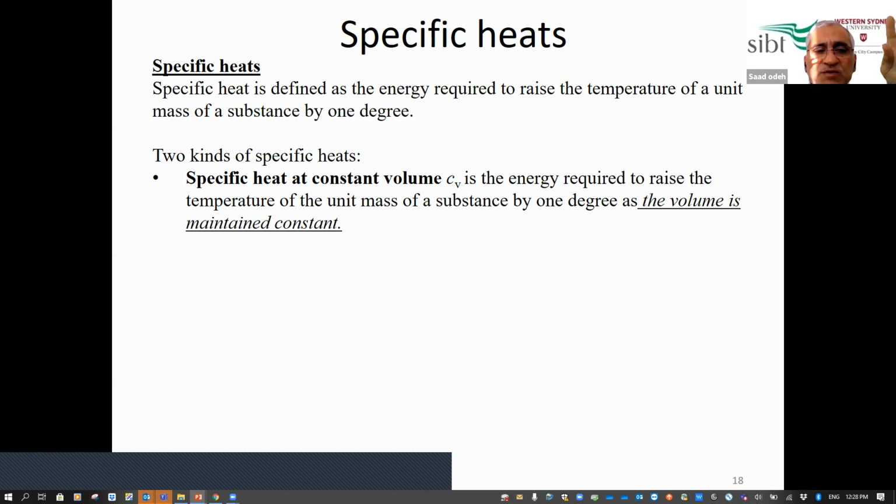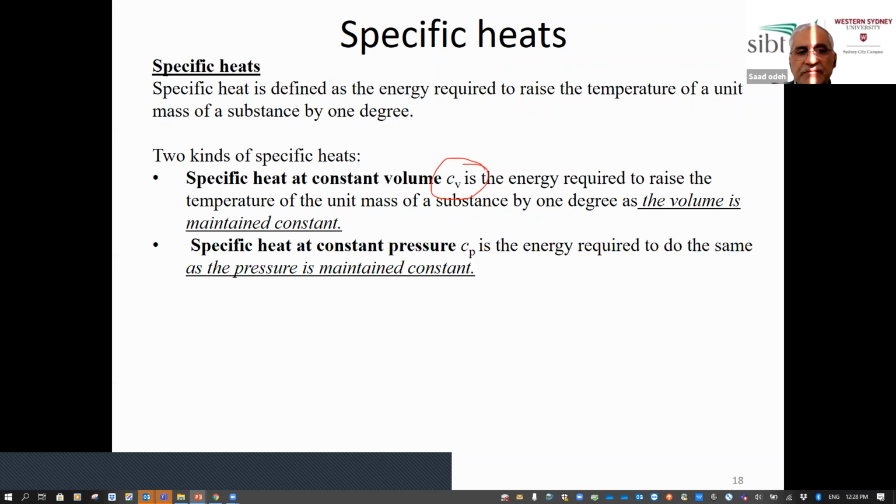So we have two types of specific heats. At constant volume, we call it CV, C for specific heat and V for constant volume. And also we have specific heat at constant pressure, CP, P for pressure. There is a relation between CV and internal energy, and CP and enthalpy.